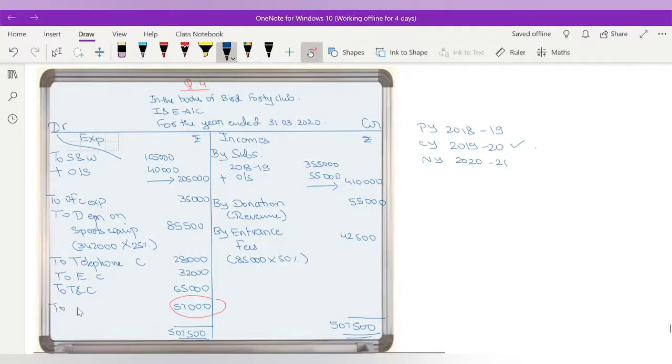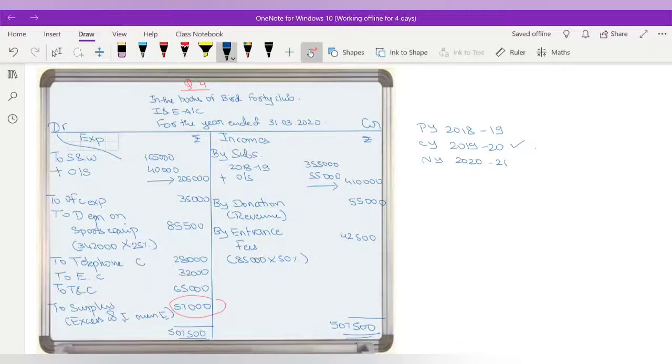To surplus, that is, in bracket, excess of income over expenditure. Okay, this much we have to write. In your examination, if any question comes on income and expenditure account, you have to prepare it like this.